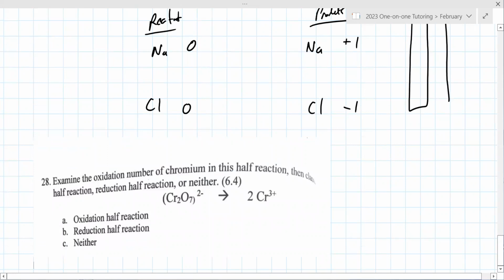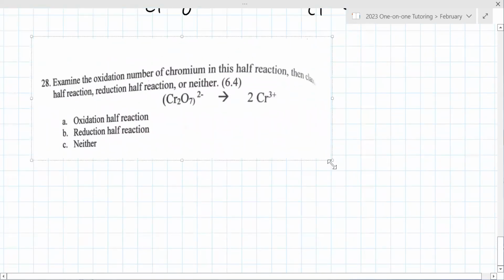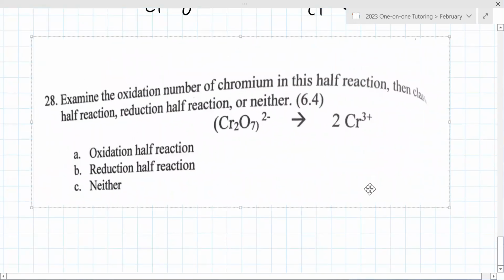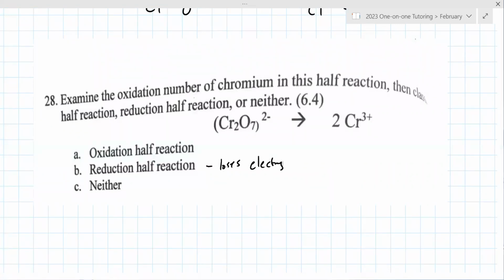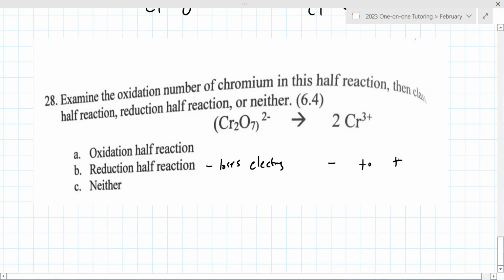So the reduction loses electrons. Does that sound like what we said earlier? Yeah. Okay. So that means you're going from negative to positive, or positive to more positive, but see how it's going from 2 negative to 3 plus.